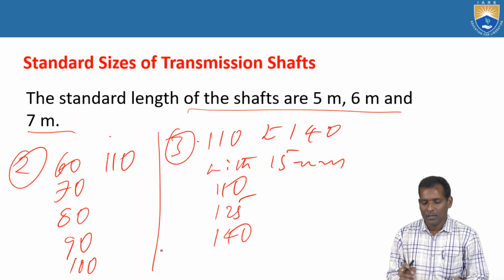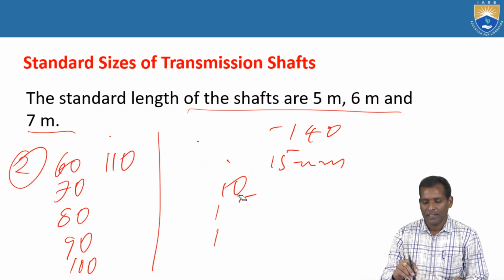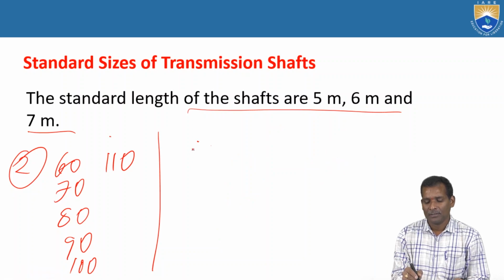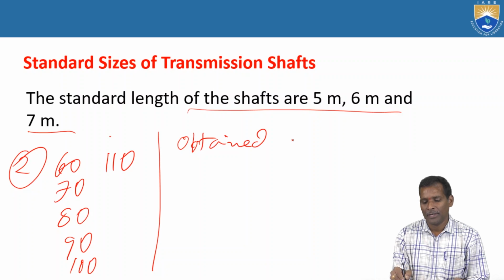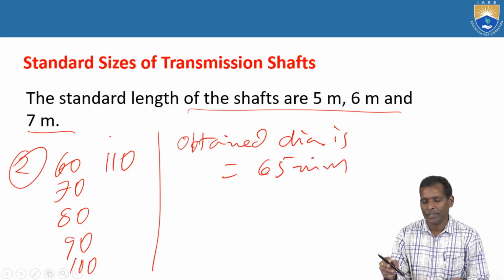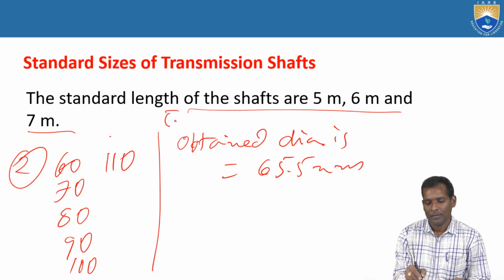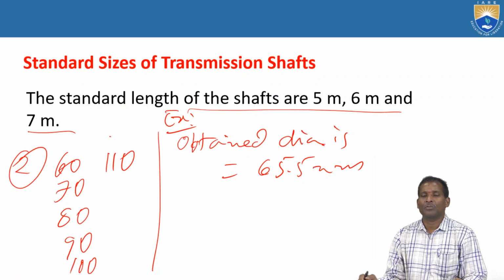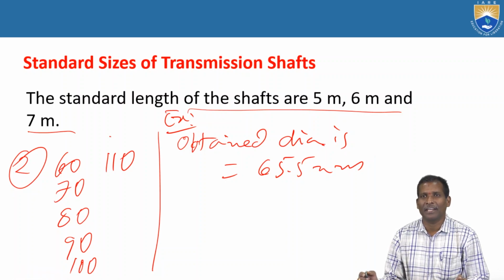Suppose after your design calculation, the obtained diameter is 65.5, for example. So what is the standard diameter of the shaft?